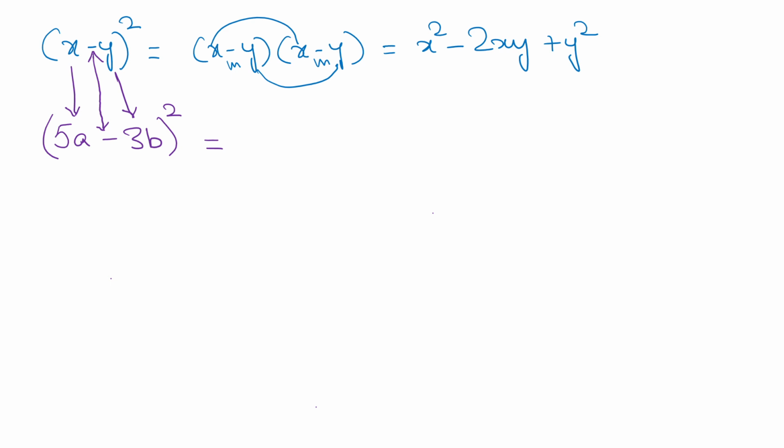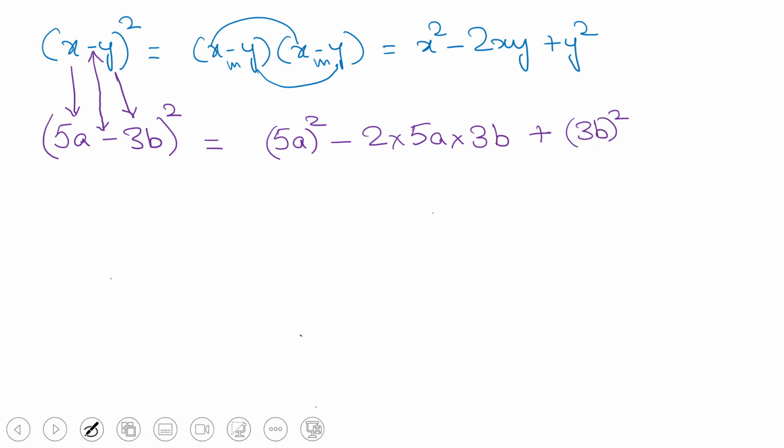So (5a − 3b)², in place of x you have 5a and in place of y it is 3b. So substituting here, it is (5a)² − 2 times 5a multiplied by 3b, plus (3b)². That is equal to, what is (5a)², as we have done.